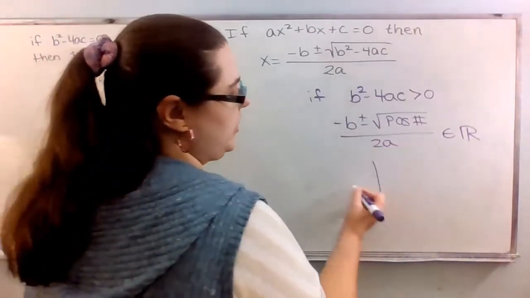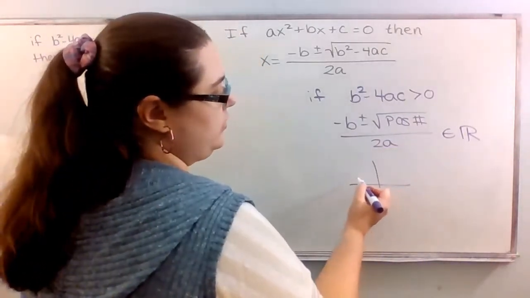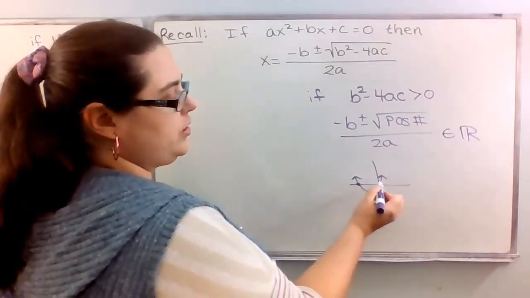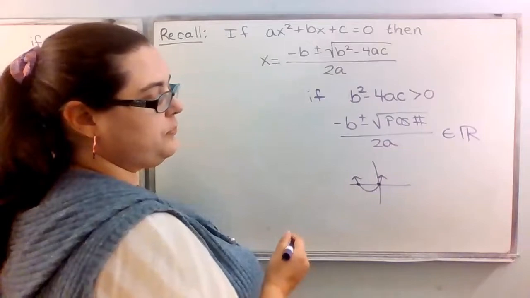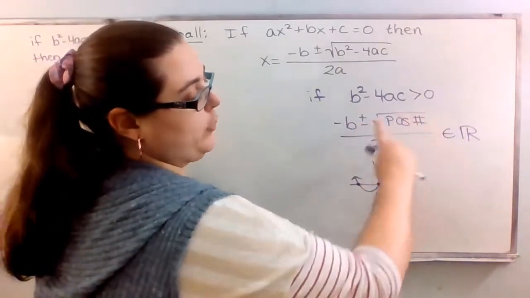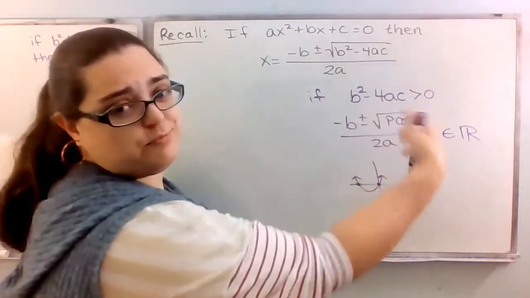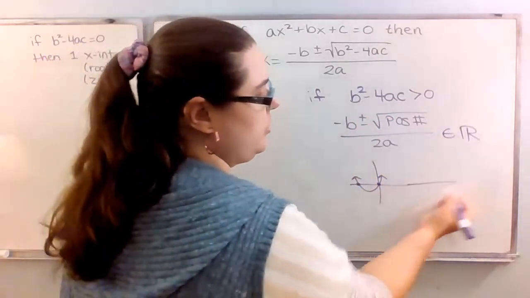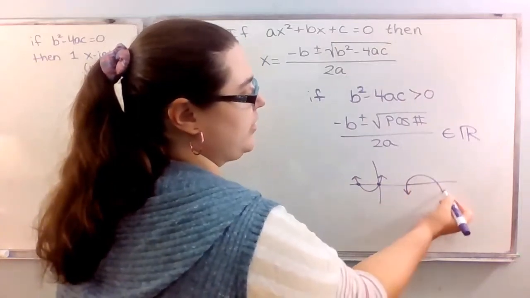So you could get something like this going on, where we have two different x-intercepts. And we know we have two because we're adding or subtracting the square root of a positive number. So we're adding or subtracting some value. So we could have something like this, or we could have something like that going on.